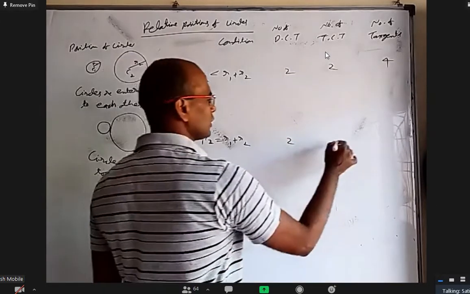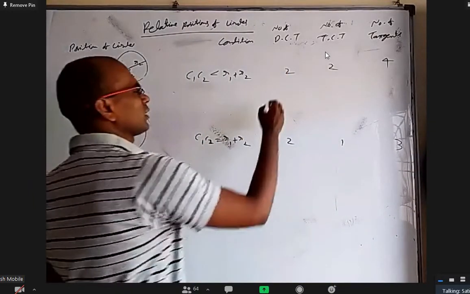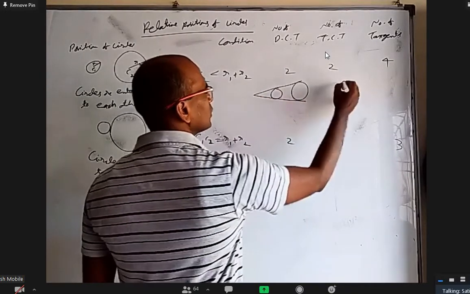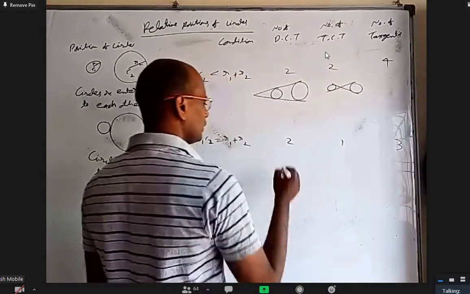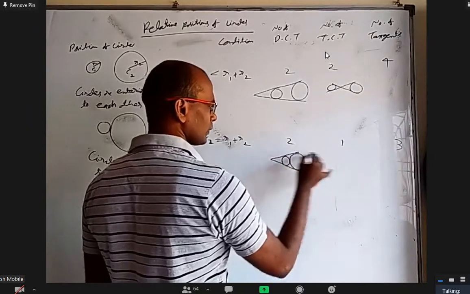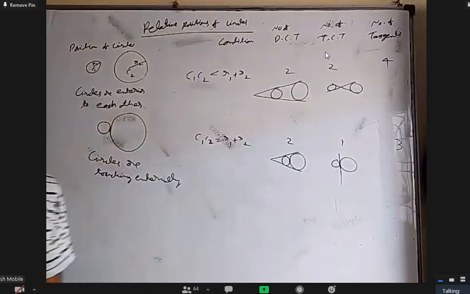So we get 2 here, 1 here, total 3. If somebody wants to draw the figure also, the 2 direct common tangents are these 2, and the 2 transverse common tangents are these 2. Do draw the figures so that you remember it better.